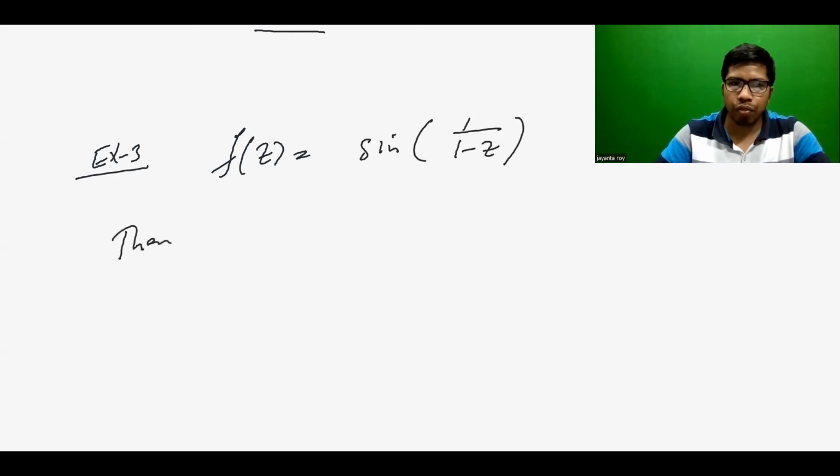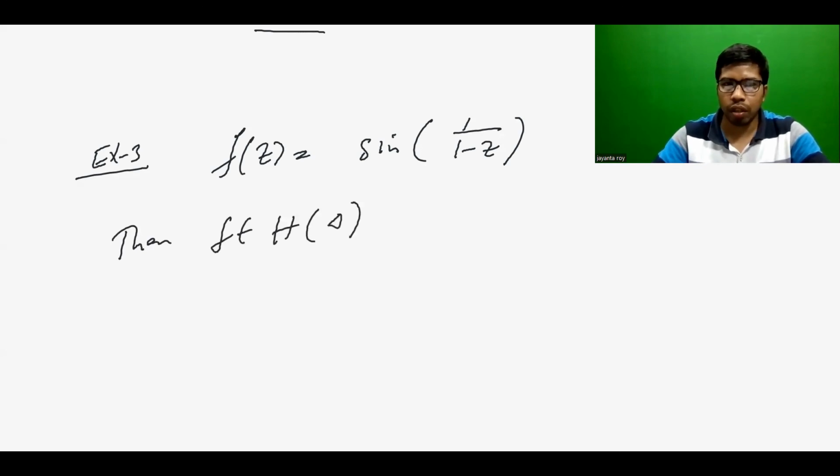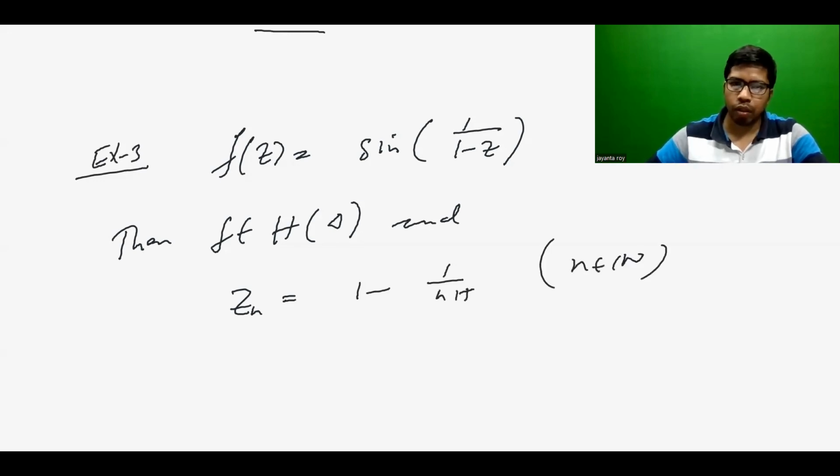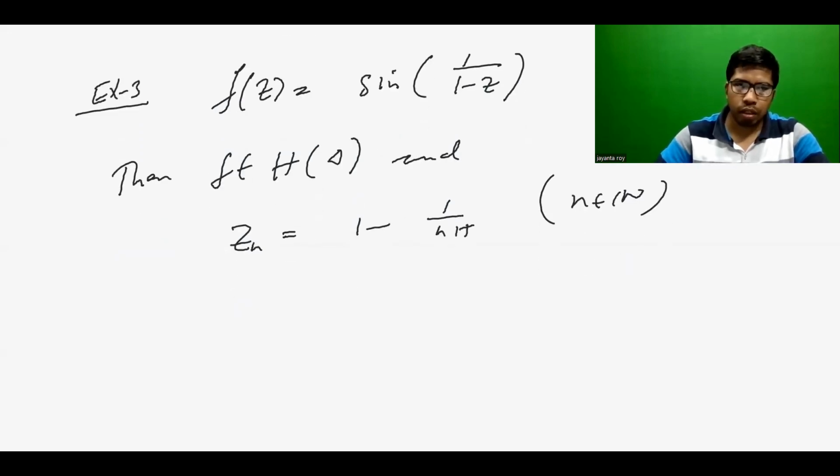Then f is analytic in the unit disk, and the set of all zeros of this function is given by 1 minus 1 by n pi for all n belonging to N. And we can easily see that this tends to 1 as n tends to infinity.